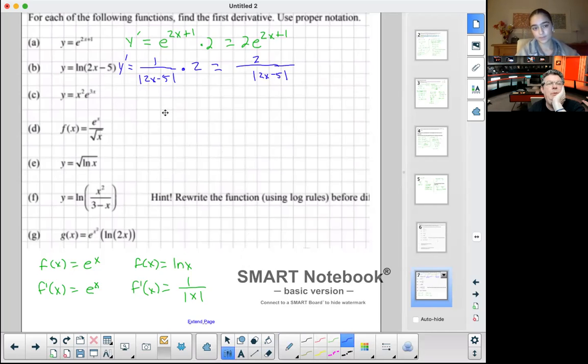So 2x times e to the 3x plus x squared times, hold on, let me think, 3e to the 3x.